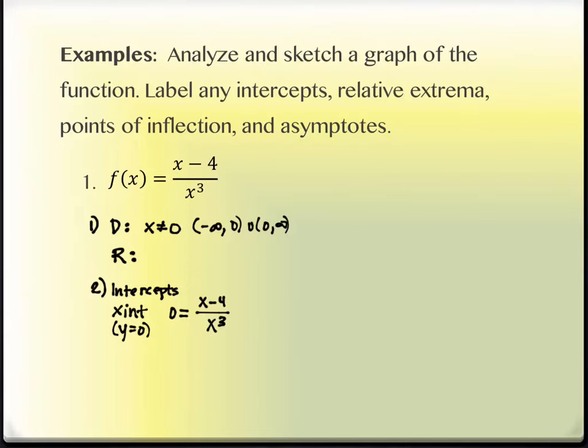And the only way that's going to happen, that is, that I'm going to get 0 out of this entire function, is if the top is equal to 0. The denominator cannot contribute to that, right? So when will the top of this equation equal 0? Yeah, at x equals 4. So this happens, I'll just do it right here, at x equals 4. So my x-intercept is at x equals 4, y equals 0.